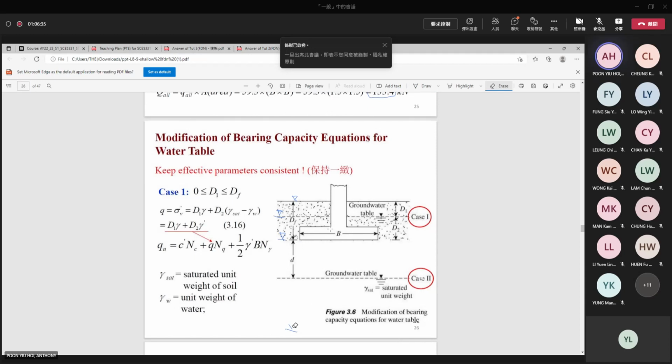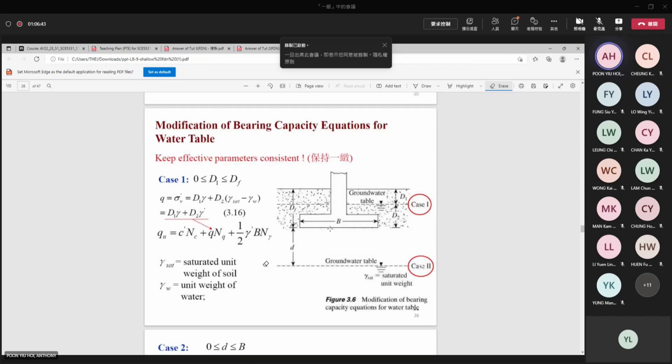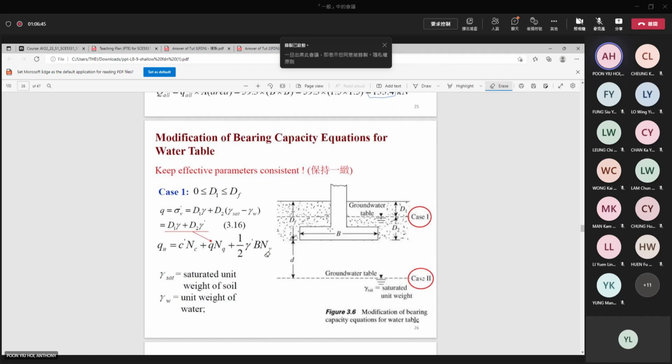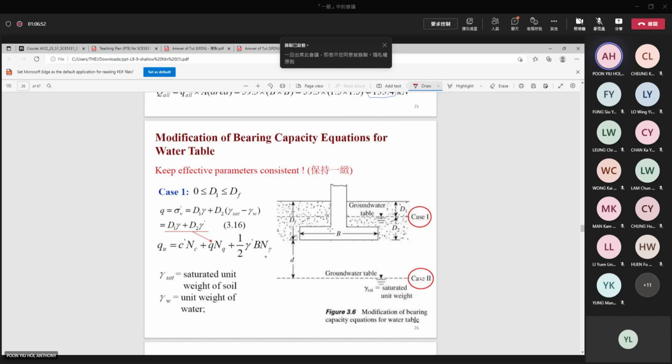So how does water affect the use of bearing capacity? We again look at the basic concept of the ultimate bearing capacity. If you still remember, this is the symbol we use.